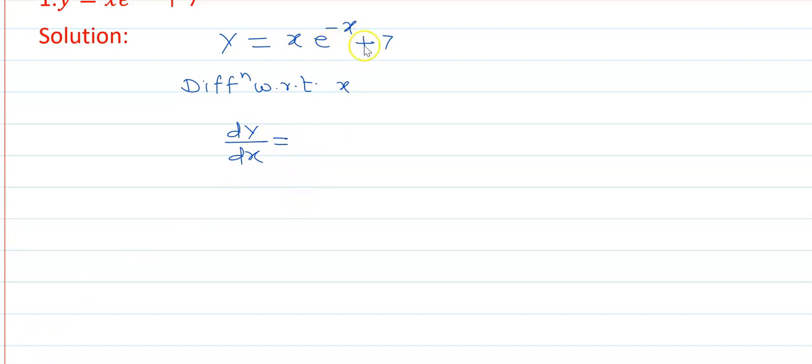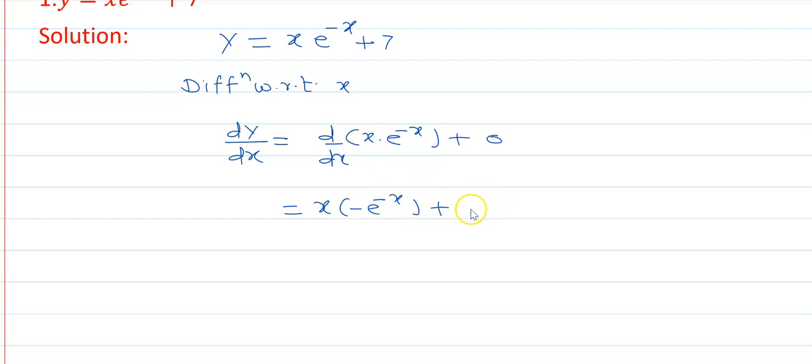Here we will apply the product rule, that is d/dx of x into e raised to minus x, and the derivative of the constant 7 is 0. First x, the derivative of e raised to minus x is minus e raised to minus x.